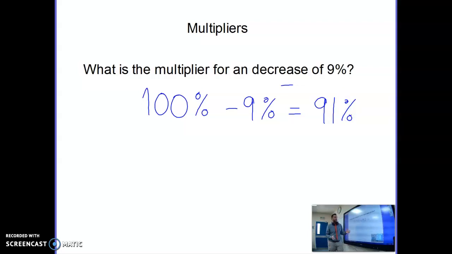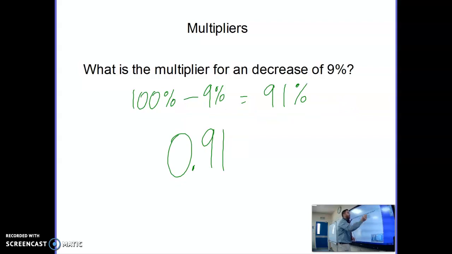And all I do is convert that percentage into a decimal by dividing by 100, and it is 0.91. That is the multiplier for a decrease of 9%. What do we mean by the multiplier? It's what we multiply by. To decrease an amount by 9%, we multiply by 0.91.